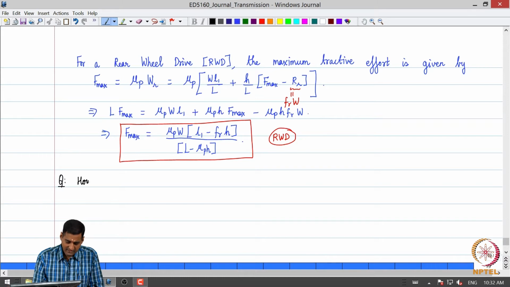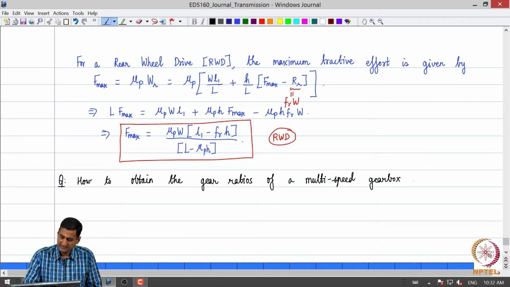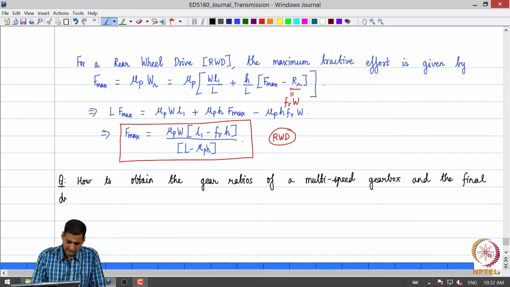The question is how to obtain the gear ratios of a multi-speed gearbox and the final drive to meet vehicle performance requirements.